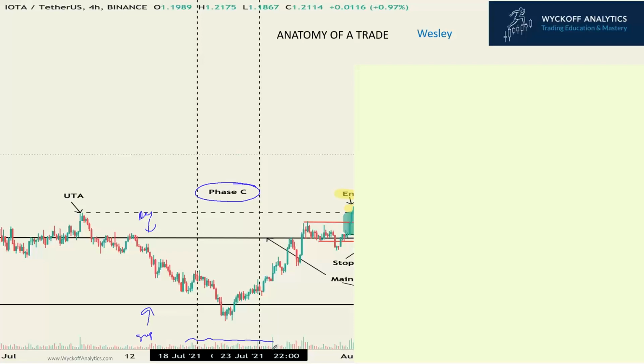We might be led to think that this is a type 3 spring, which doesn't require a whole lot of testing. And as a spring, we can see that it actually fulfills those requirements. It does not commit in a major way below the support.